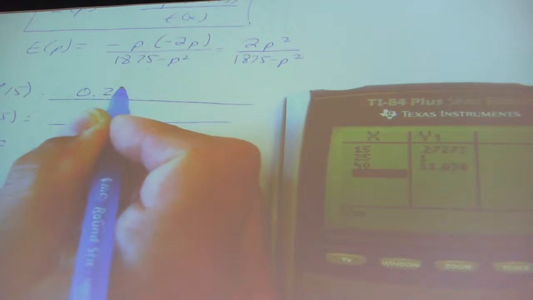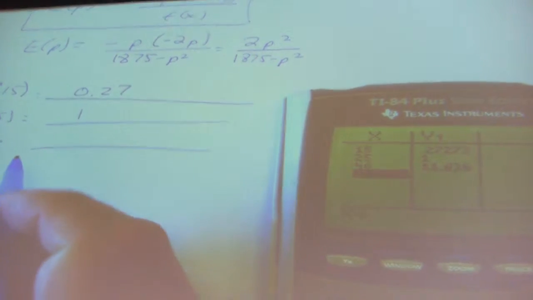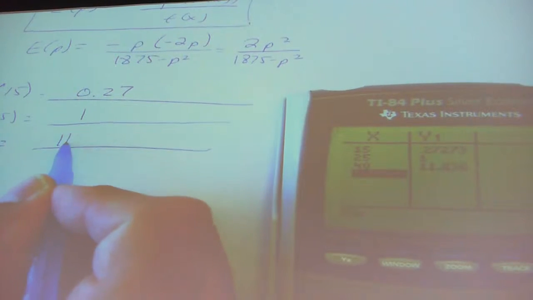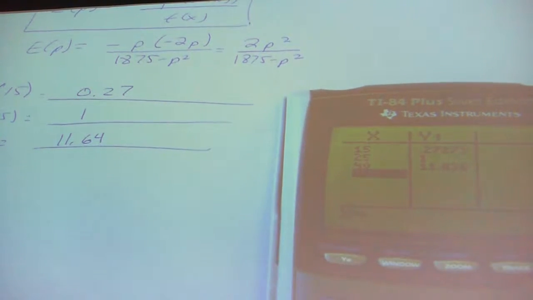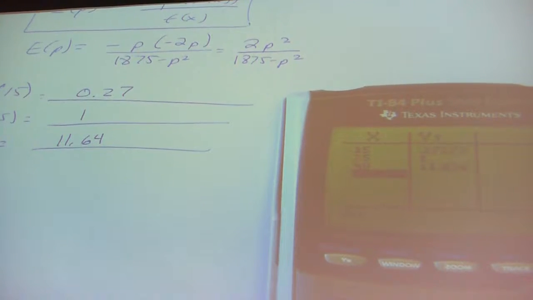If you plug in 15, 25, and 40, are you getting the same answers? 15, 25, and 40, you should get 0.27, 25 gives you 1, and 40 gives you 1164. Are we okay? Questions there? Are we typing it in correctly, little mistakes?